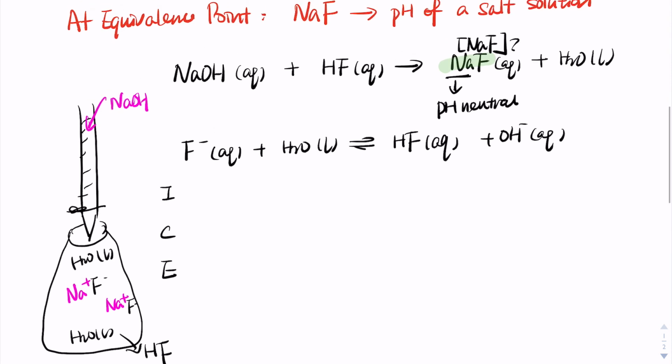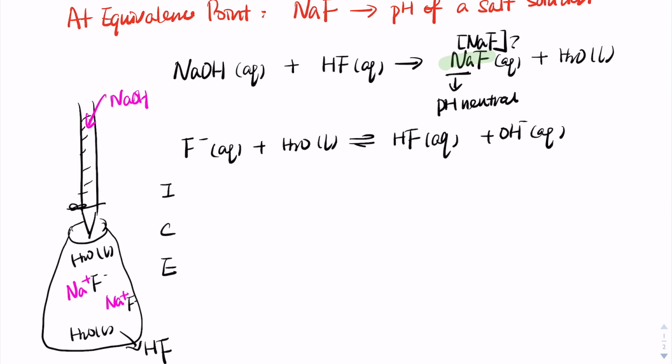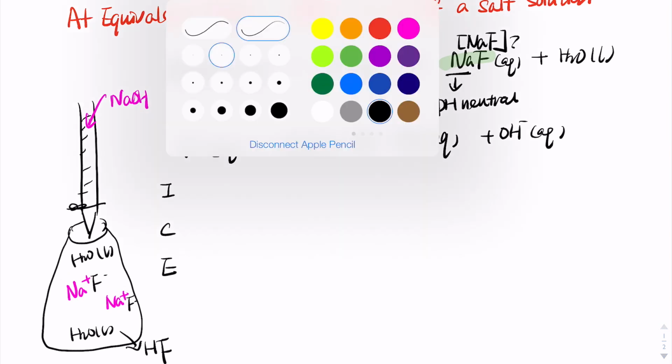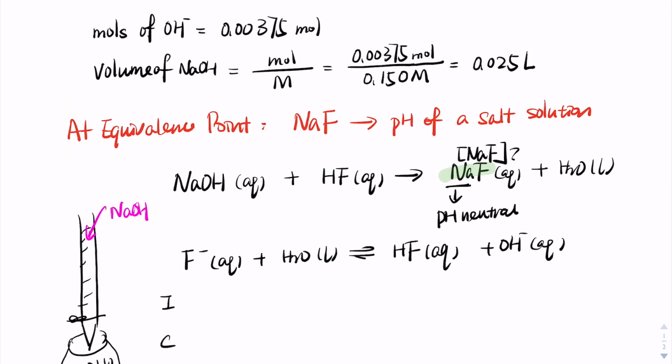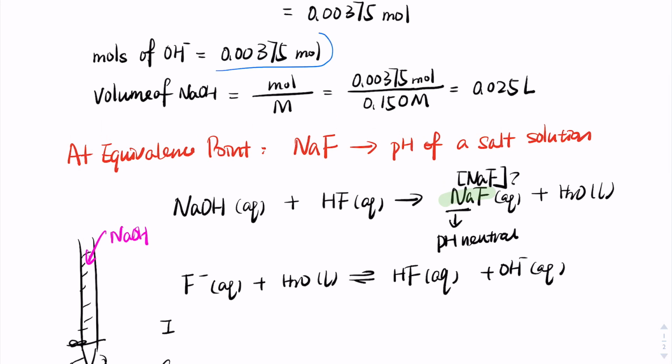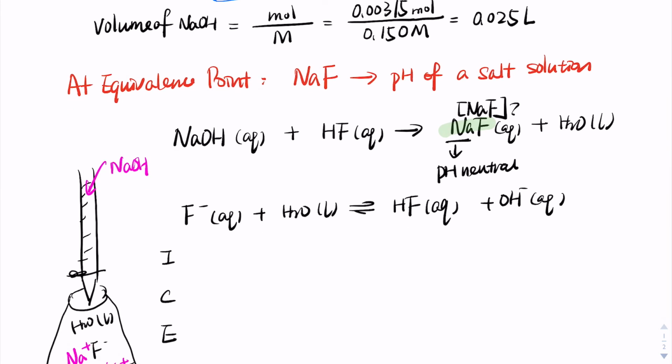As we said, everything turns into the salt. So the moles we calculated right over here, since it's a 1:1:1 ratio, you will have the same amount, 0.00375 moles of the sodium fluoride produced.